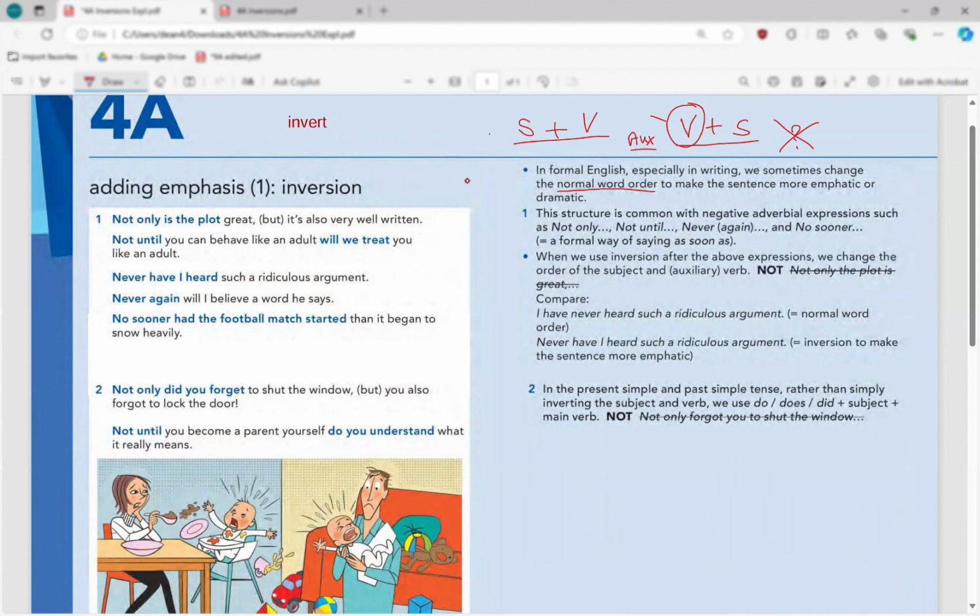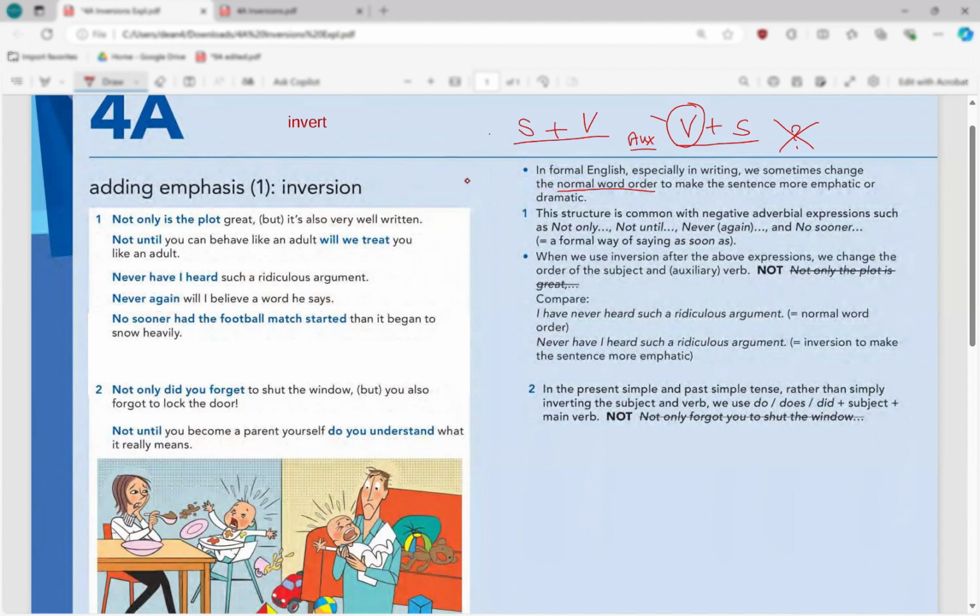Okay. Now you might say, how do I know how we make it? Okay. So to make inversion, you need to start your sentence with adverb or adverbial phrases. Adverb or adverbial phrases.